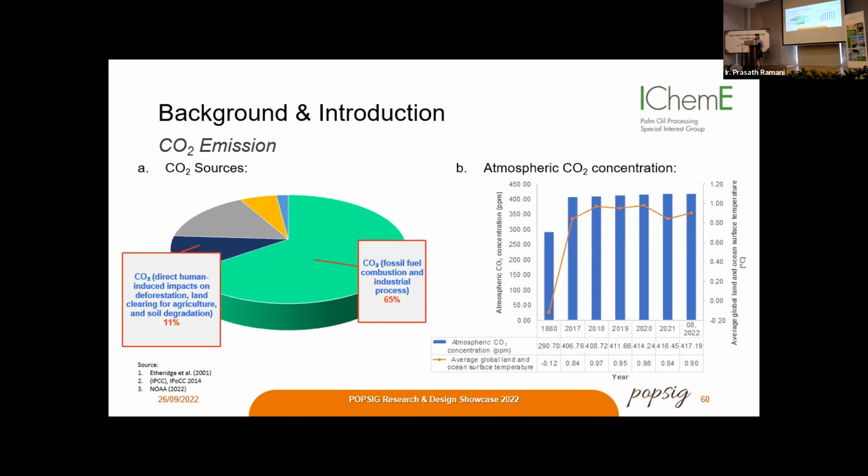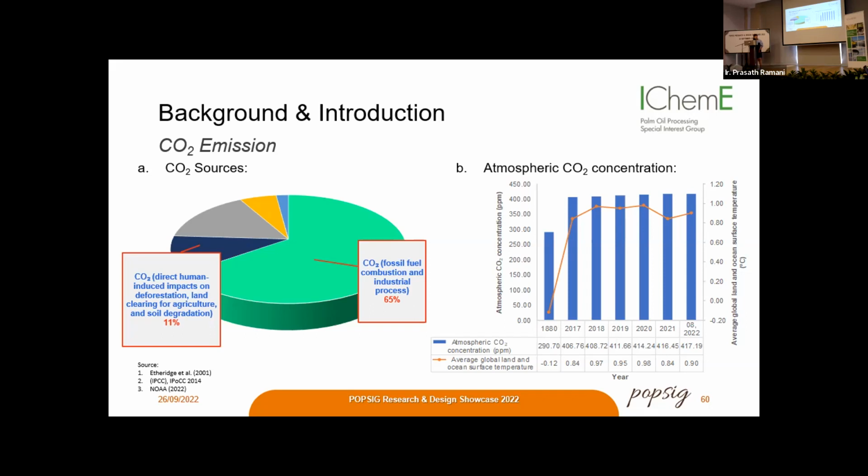Another issue that urges the conduct of this project is the high atmospheric CO2 concentration. A total of 76% of CO2 was contributed from direct human impact induced by deforestation, land clearing for agriculture, soil degradation, and fossil fuel and industrial processes.